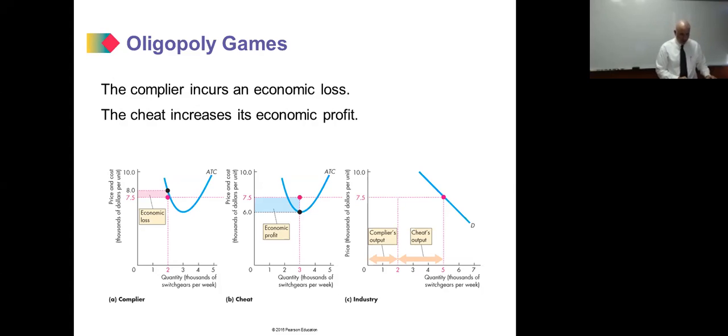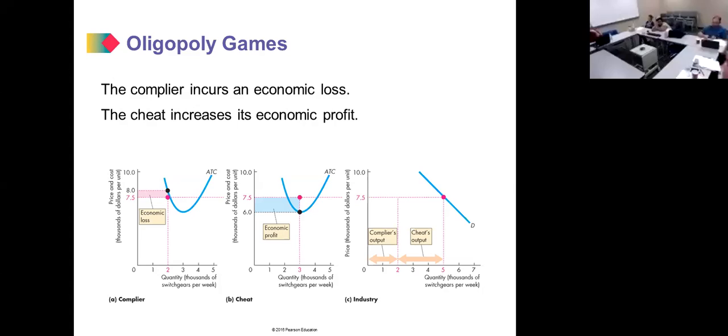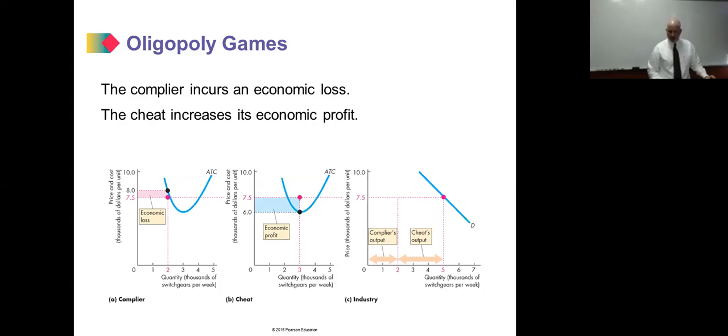So the complier, what is the amount of the complier's loss? Would it be 50 cents per unit? Yeah, but we're quoting this in $1,000 per unit. So instead of 50 cents, $500. If you look over here, thousands of dollars per unit, so these are quoted in thousands. So you're right, he's giving up 500.